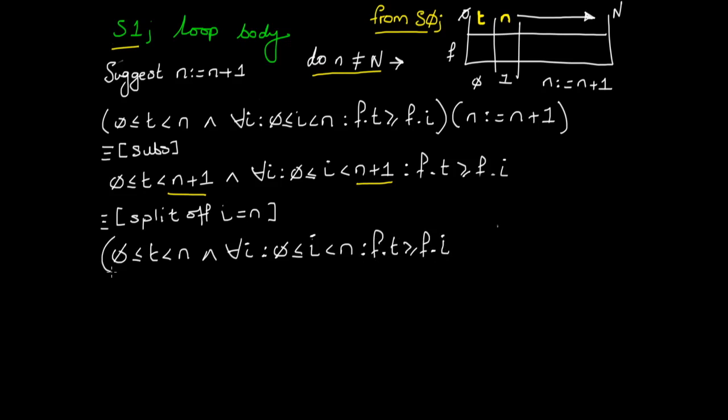So all of this is the bit that gets split off. This is what we've previously processed. So t will hold the index of the largest element in that part, and because we're dealing with a for all, and we know that for all gives us a conjunction, the split off becomes and f.t greater than or equal to f, and not f.i but f.n, because this is the bit that we're currently processing, this is a bit that we've previously processed.